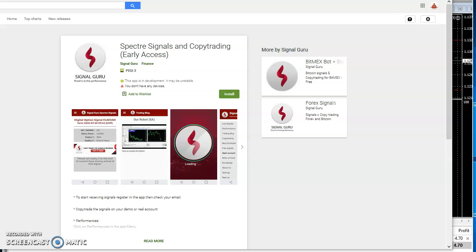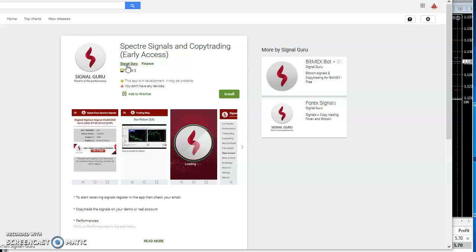We have 3 apps in beta development that will be published very soon. The first one is a Forex Signal application. It sends you signals on your phone. The second one is a BitMEX application. It sends BitMEX signals for Bitcoin, and it also does copy trading of the expert advisor.